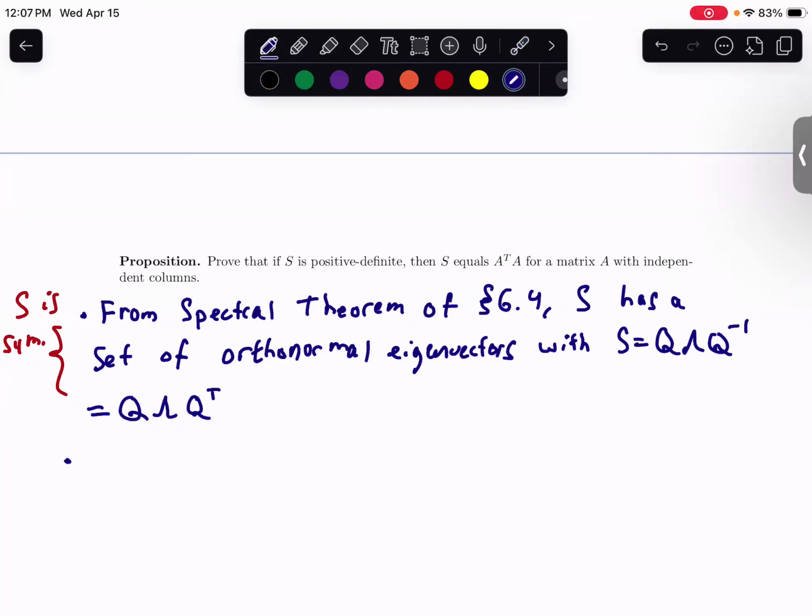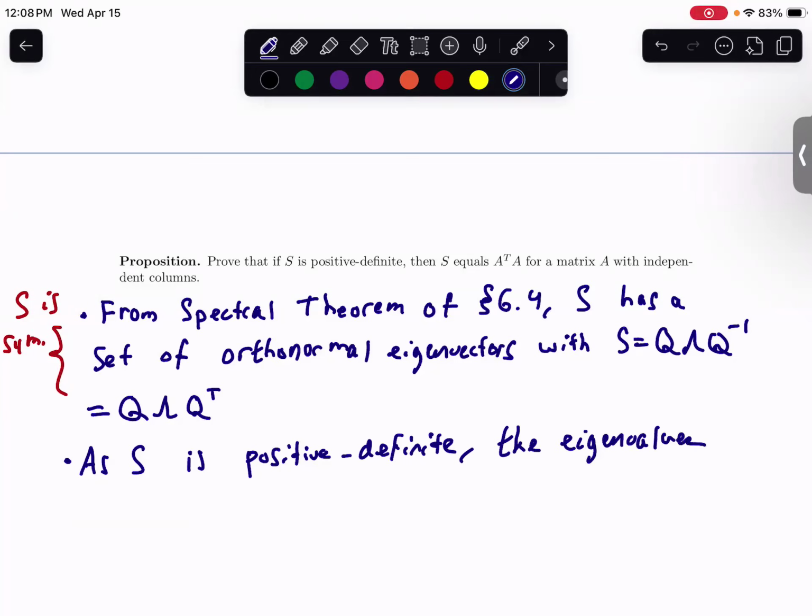So as S is positive definite, we know that the eigenvalues are going to be positive. And then because S is symmetric, we can assume they're real numbers as well. So I'm going to say they're positive real numbers.